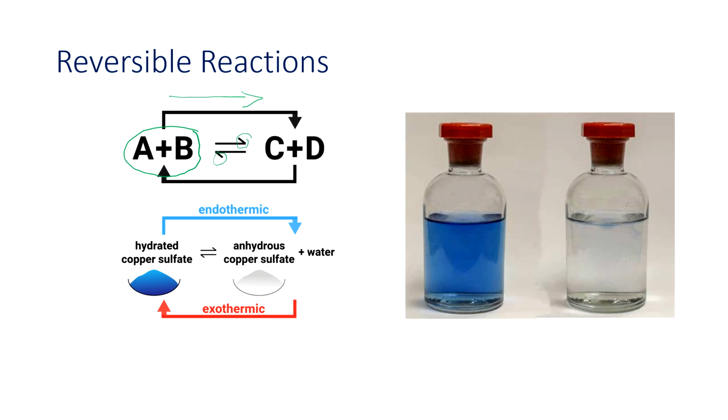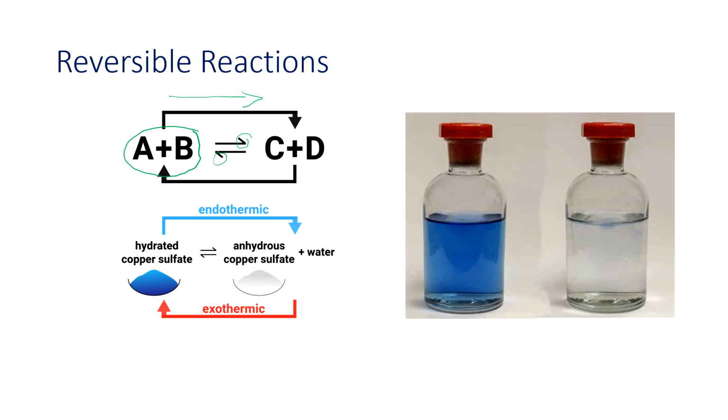Just make sure that you get your arrows right: only half an arrow on top and half an arrow at the bottom. An example here, which your teacher might have shown you in class, is hydrated copper sulfate. In the forwards direction, it's endothermic, which means it takes energy from its surroundings, and it produces anhydrous copper sulfate plus water. At the same rate, the anhydrous copper sulfate and the water react together, and the reaction in the reverse direction is exothermic.